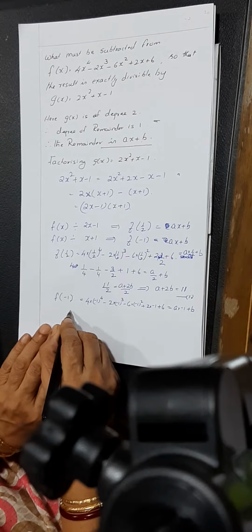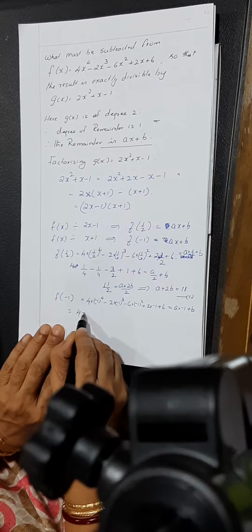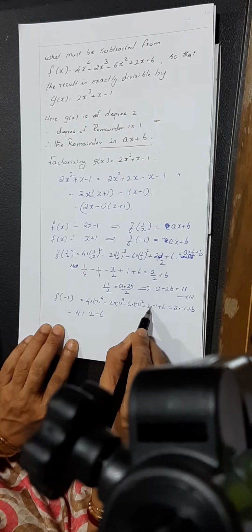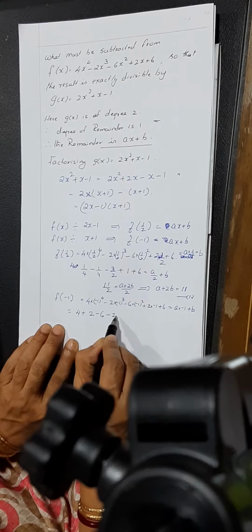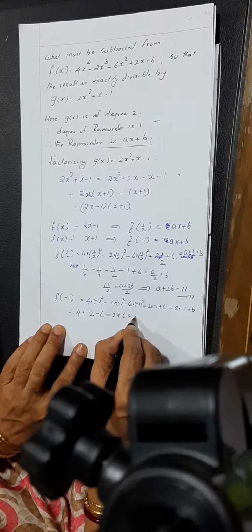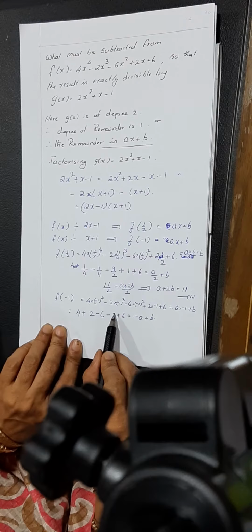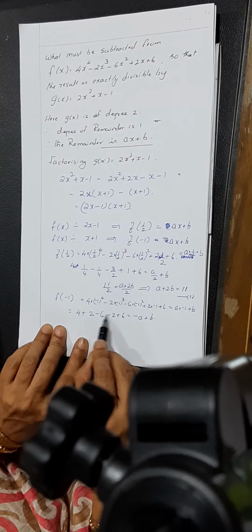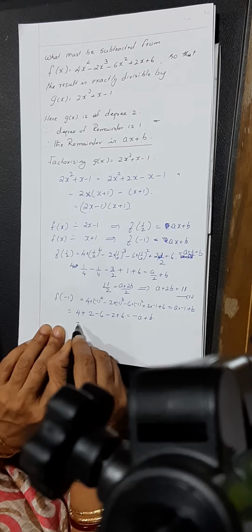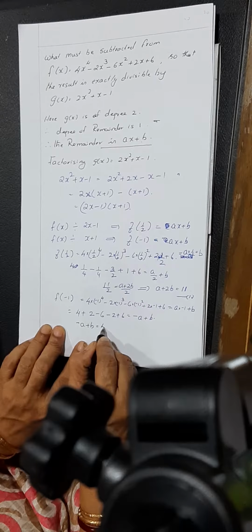So, you get 4 plus 2 minus 6 minus 2 plus 6 is equal to minus a plus b. So, 2 can get cancelled, 6 can get cancelled. So, minus a plus b is equal to 4.